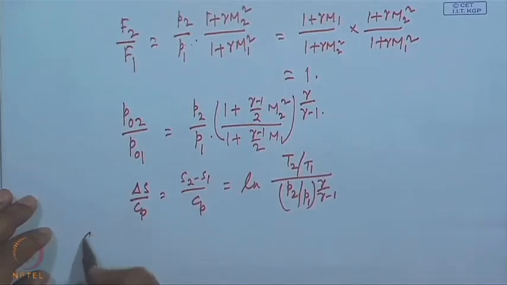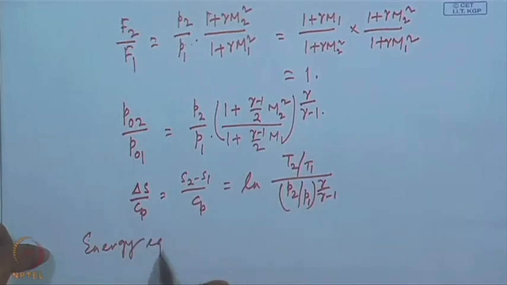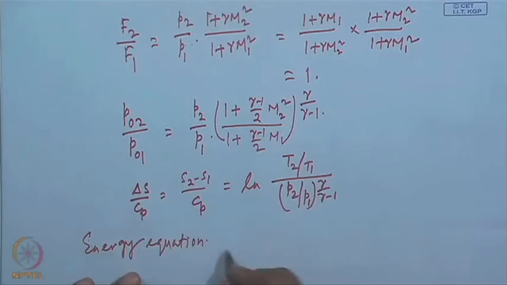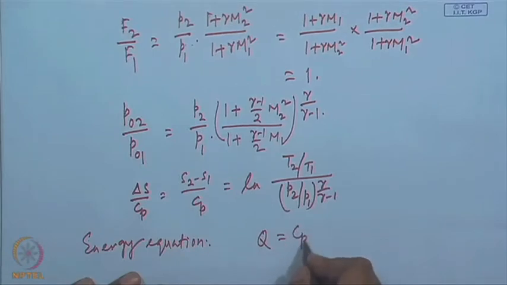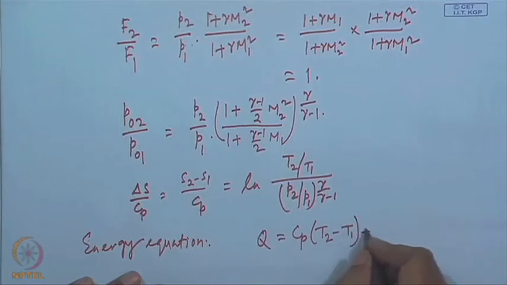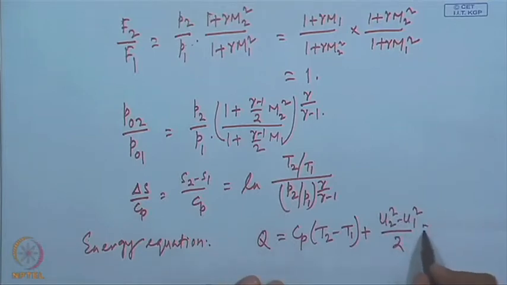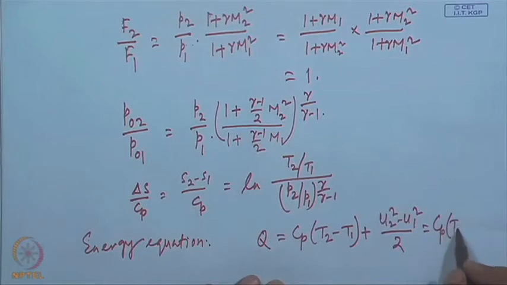The energy equation can now be written as: the amount of heat added is Cp into T2 minus T1 plus U2 square minus U1 square by 2, and this is Cp into T02 minus T01.